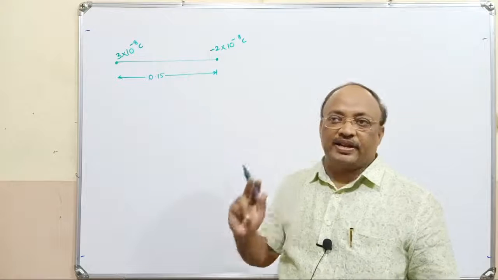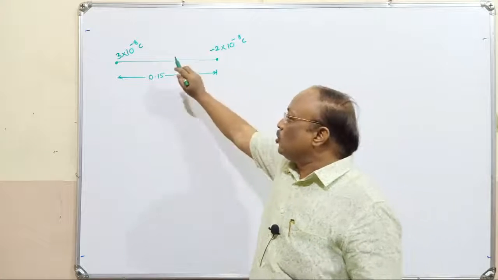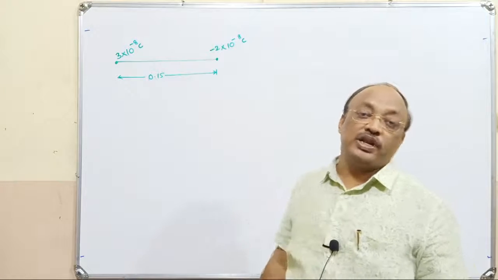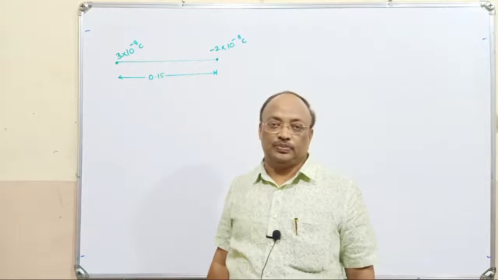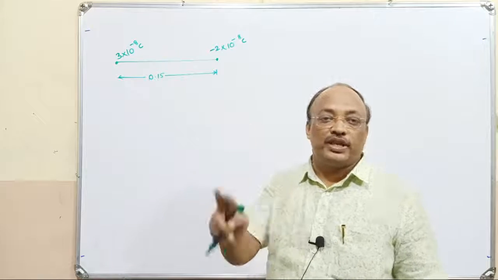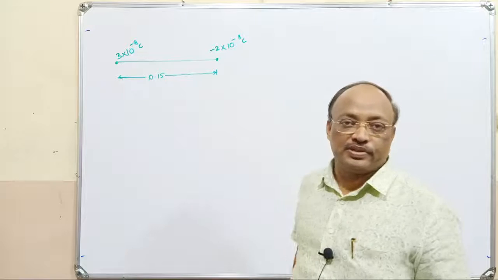And the second thing: at 2 points the potential will be 0, and you have to find out both these 2 points.